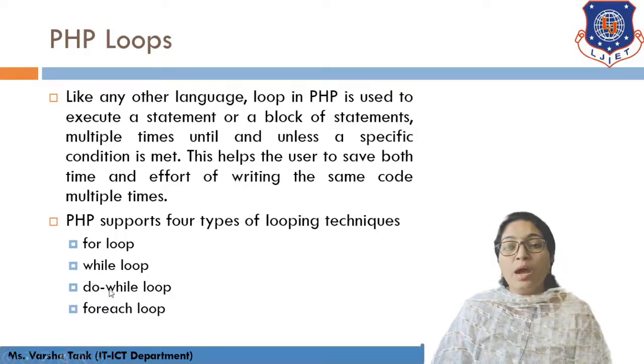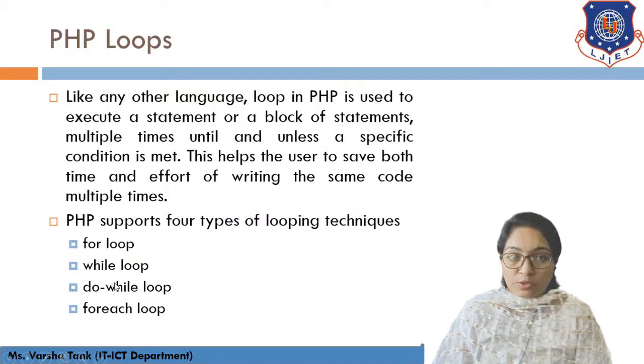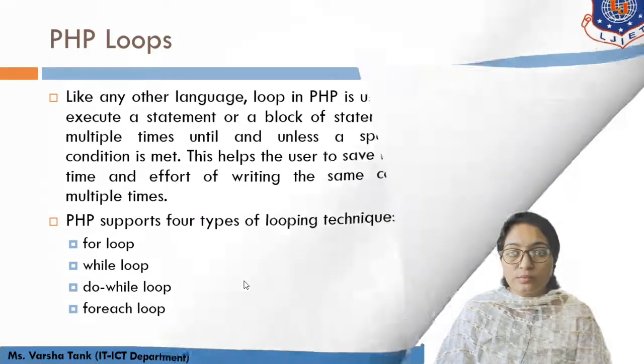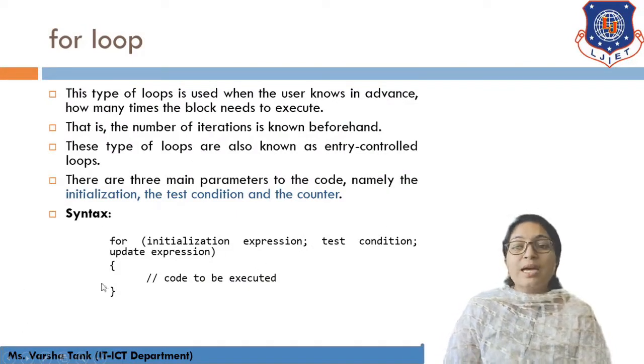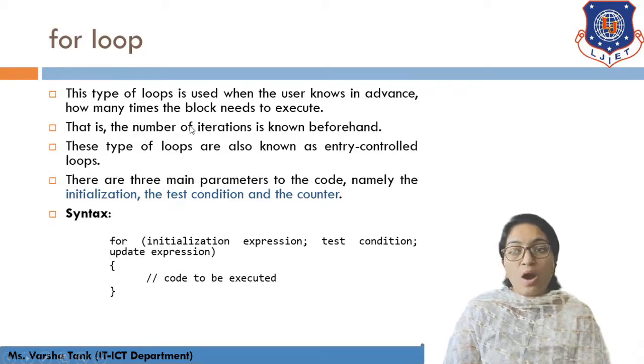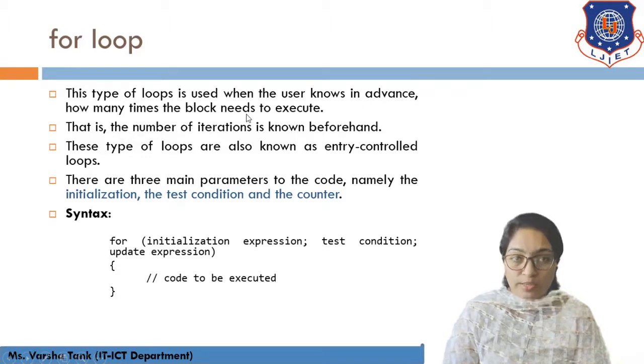Now PHP supports four types of loop, which are for loop, while loop, do while loop, and foreach loop. Let's start. First of all, the for loop. This type of loop is used when the user knows in advance how many times the block needs to execute.